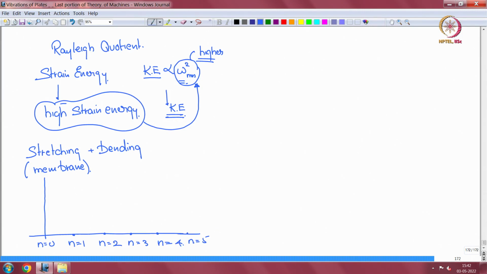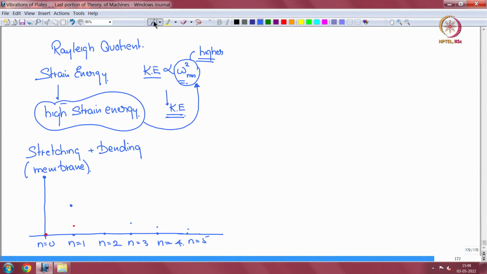If I look at the n equal to 0 mode, there is a lot of stretching energy, strain energy due to membrane stretching, and there is not much bending, which I will show in red. I did not show n equal to 1, but n equal to 1 will have a little less stretching and a little bit more bending.